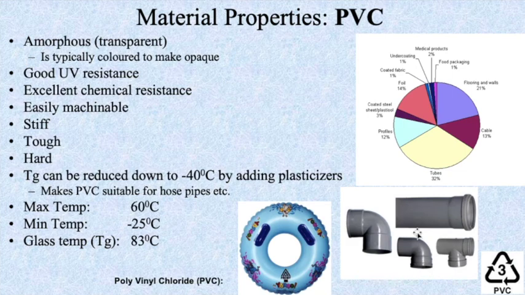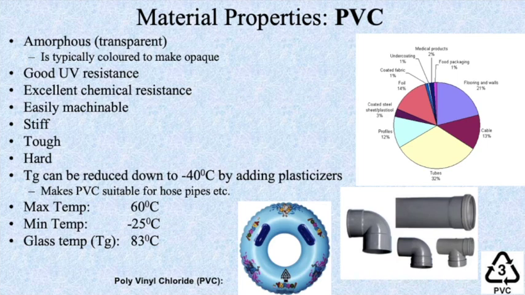You wouldn't want pipes to degrade when they are underground, so you need something excellent at resisting chemicals. It is easily machinable as well. You will notice that there are similarities in properties, but some are more suitable than others for applications. So the whole point is that properties make polymers suitable for a specific type of application.